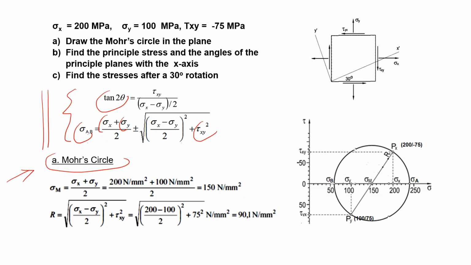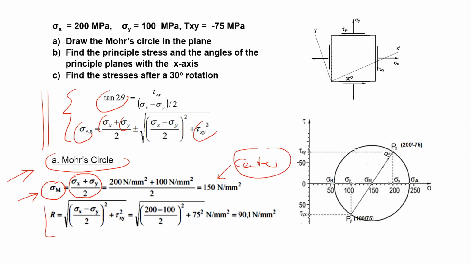To draw the Mohr circle, you have different techniques. The first one is you can determine sigma m. This is the average normal stress, and this value corresponds to the center of the Mohr circle.